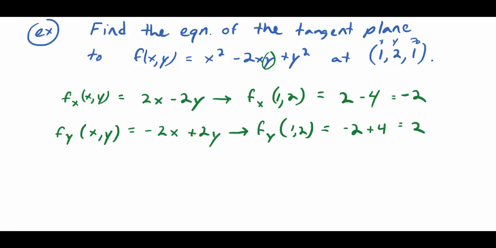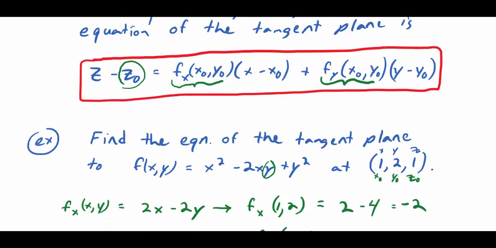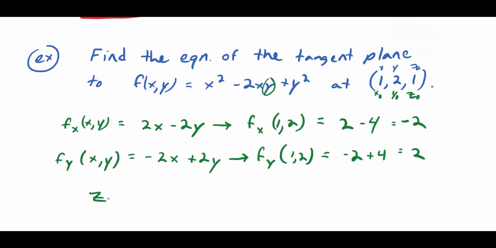Okay. So now all I'm doing is plugging into this equation. Don't forget the minus z naught, right? x naught is 1, y naught is 2, z naught is 1. So plugging in, we get z minus 1 equals the partial with respect to x, which is negative 2, times x minus x naught, which is x minus 1.